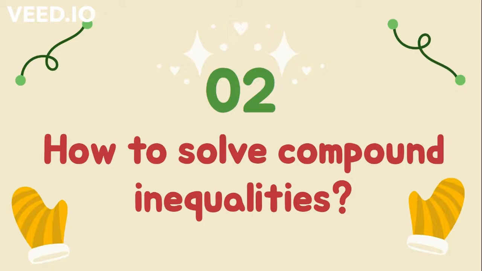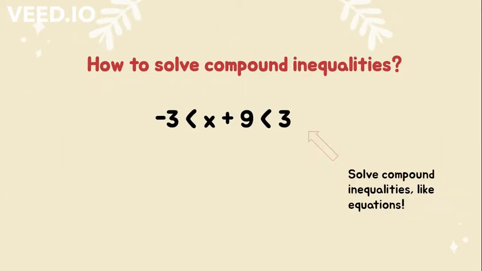In Chapter 2, I will be teaching you how to solve compound inequalities. So here is an example. -3 < x + 9 < 3. I want you to solve this compound inequality like you would with equations. Our goal here is to isolate the variable, which in this case is x. But 9 is being added to x, and we don't want that. We want x to be alone.